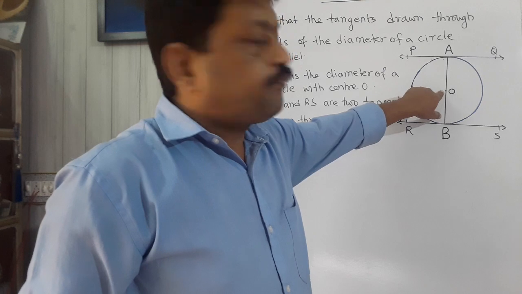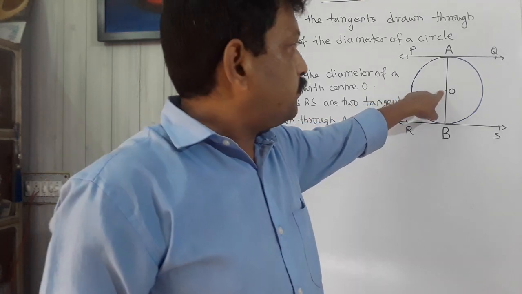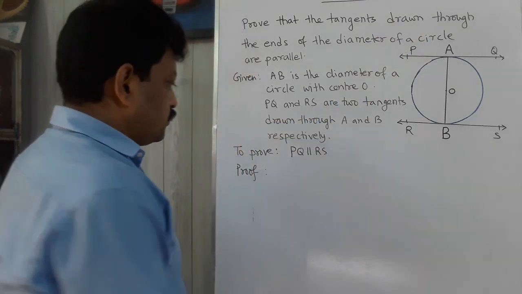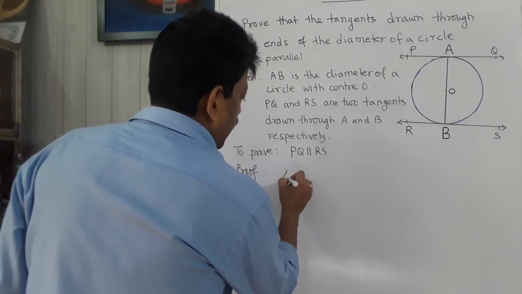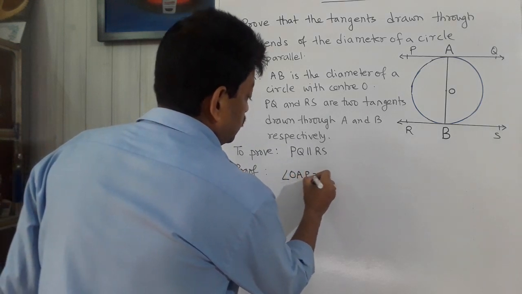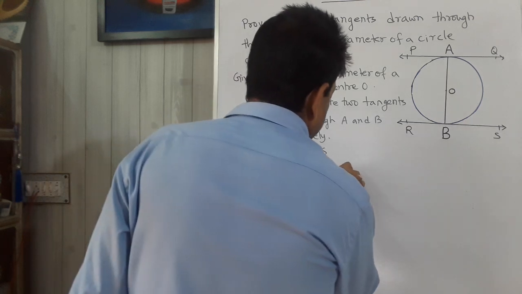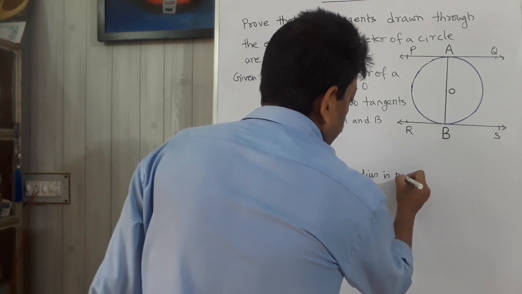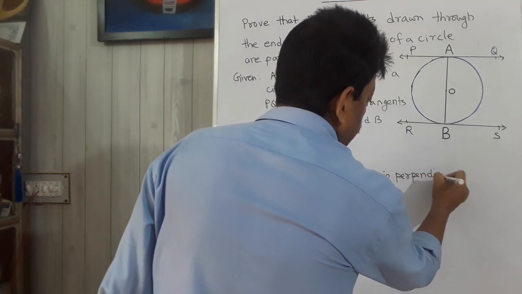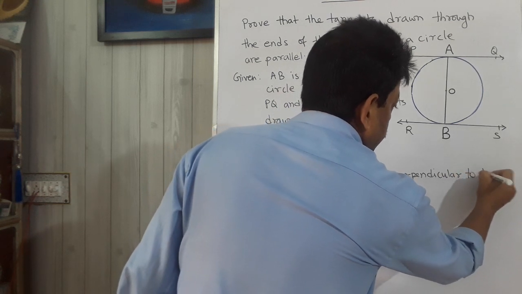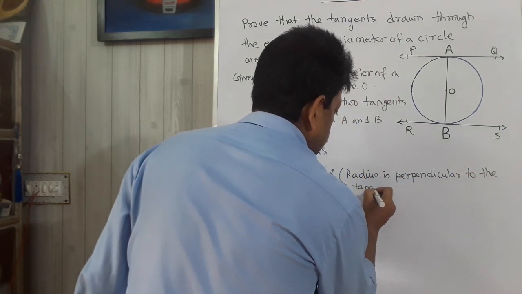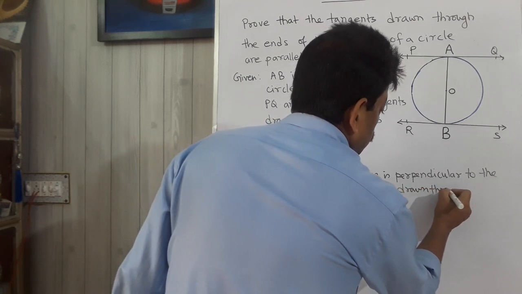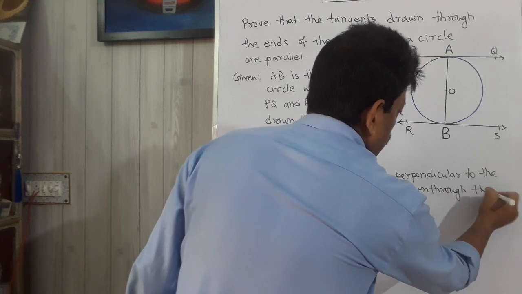See the diagram. OA is the radius of the circle and PQ is the tangent through the point of contact A. So we can say angle OAP equals 90 degrees because the radius is perpendicular to the tangent drawn through the point of contact.